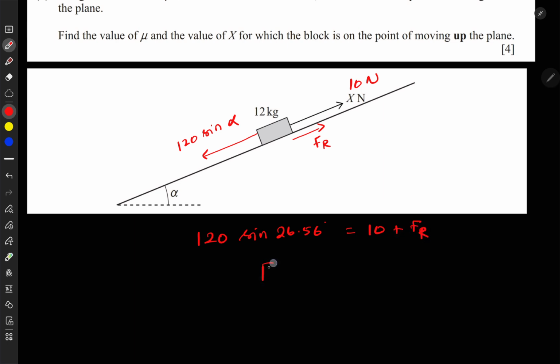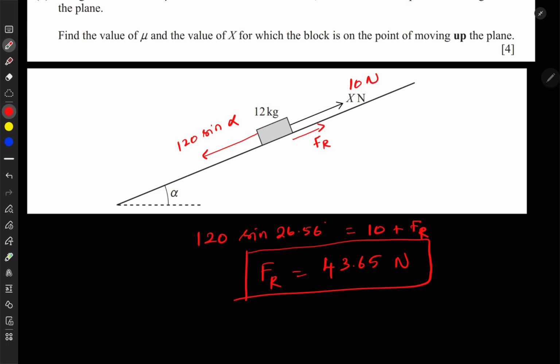So Fr will be equal to 120 sine 26.56 minus 10. Fr is 43.65 newtons. So this is important.